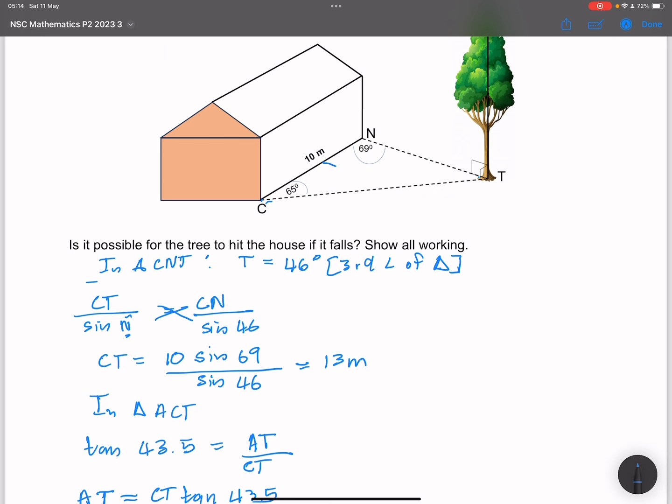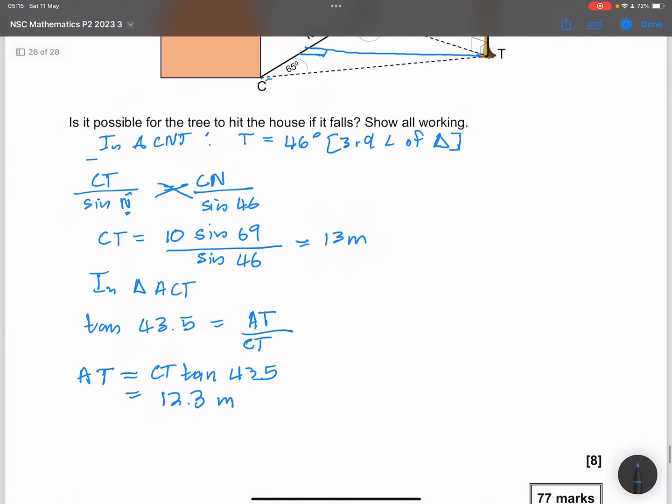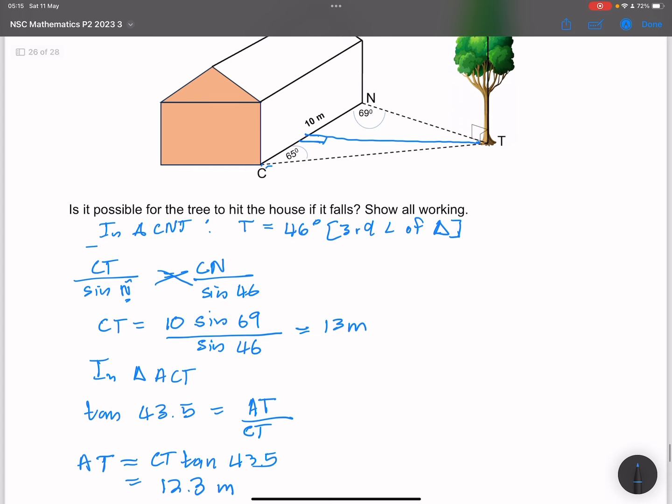That's where I said, if we can find the perpendicular height from the house to that triangle, then that vertical height would be the shortest distance from the tree to the house. So what I can do is just do it over here. Let's make some space.